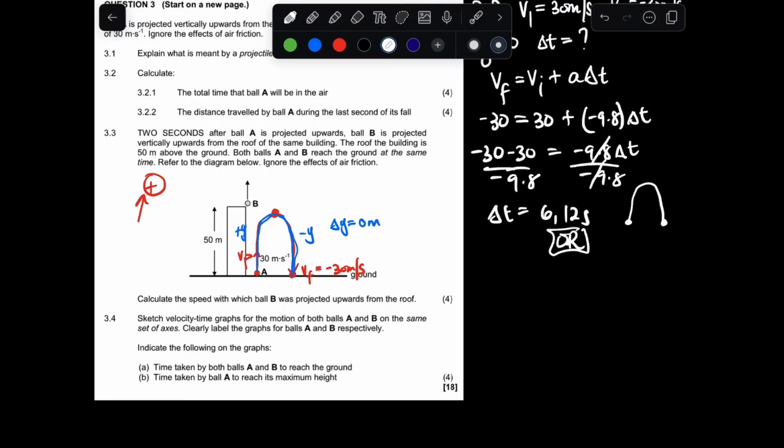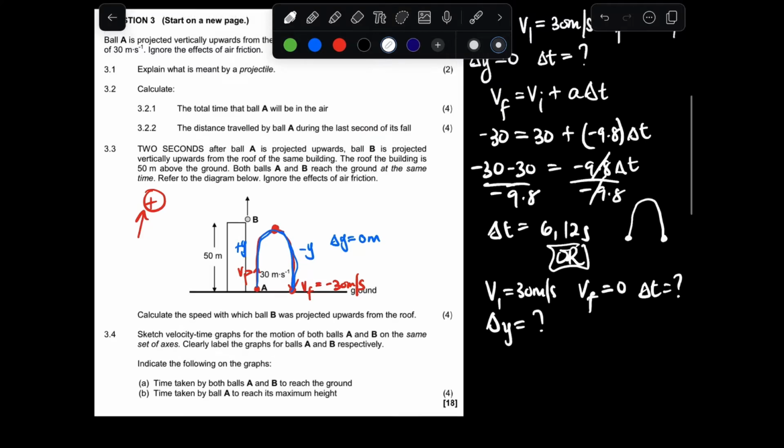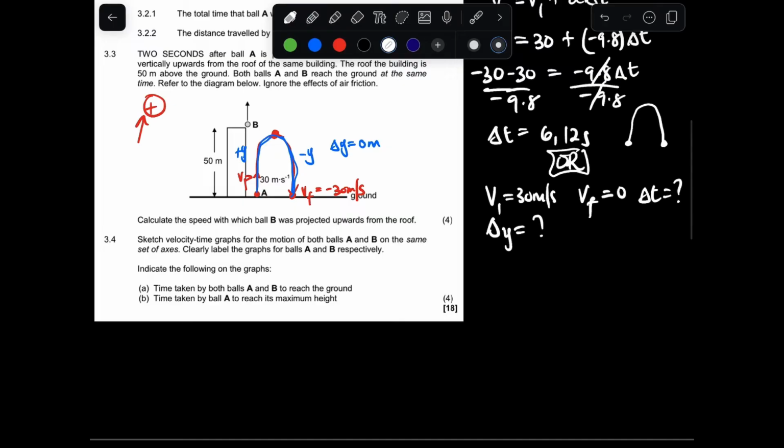But now we are taking this segment. So what do we have there? We have the initial velocity that is positive 30 meters per second, and the final velocity at the maximum point is 0, and we are looking for time, and the displacement for that we do not know, right? That's not going to be 0.